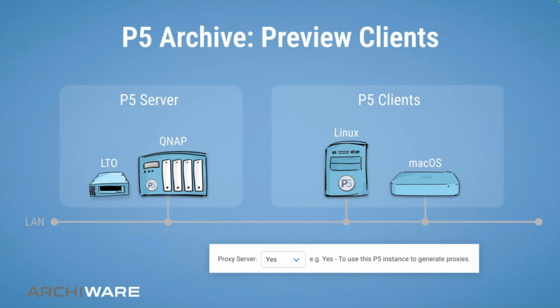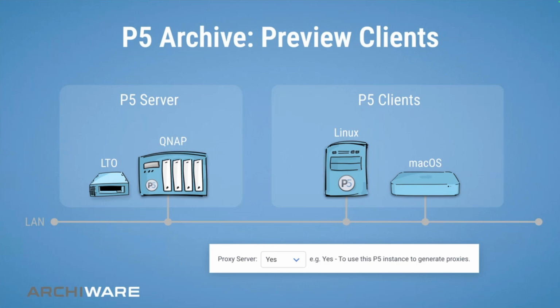So it's not that the files are going to be copied across to the P5 clients to generate the previews. They need to be able to access those files at the same location that, in this case, the QNAP is accessing them. So that would mean setting up mount points and maybe symbolic links and things to make everything the same. And obviously it works better if the storage is not directly attached to the P5 server, but on the network.